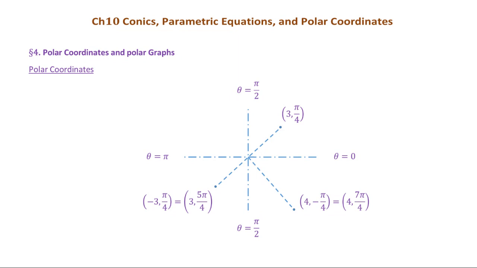Then the angle you rotated is 7 pi over 4. In that case you don't change r, you only change the angle theta to 7 pi over 4. So the point can be represented either by (4, -pi over 4) or (4, 7 pi over 4). So you can see any point on the polar plane has multiple representations.